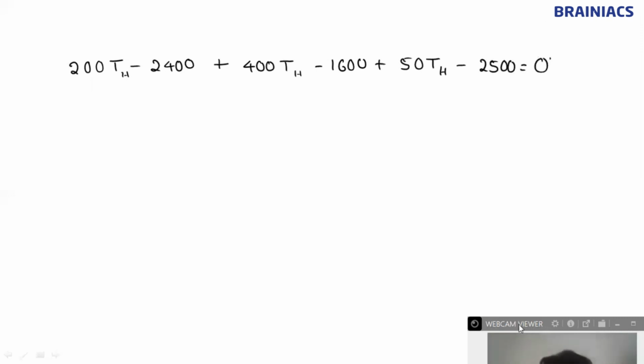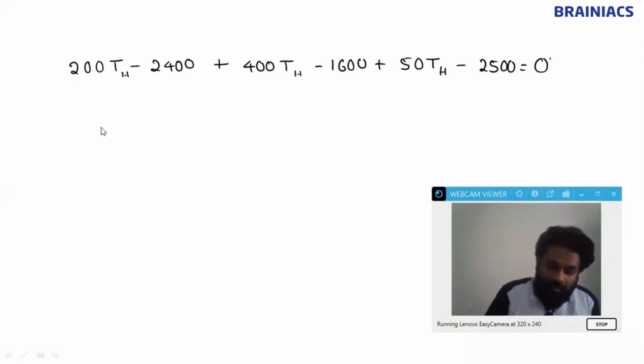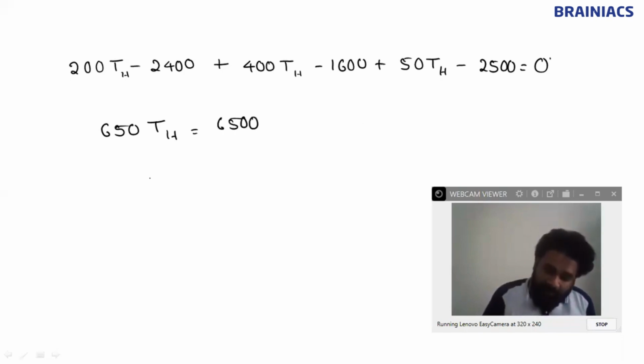So clear? Are you able to understand? So here this is going to be 650 Th is equal to 6500. So Th is equal to 10 degree Celsius.